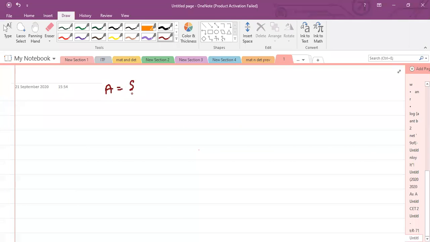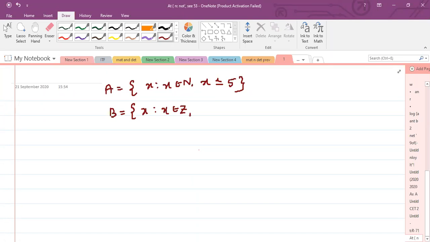If A is equal to {x such that x belongs to N and x is less than or equal to 5}, B is equal to {x such that x belongs to Z, and x square minus 5x plus 6 is equal to 0}.